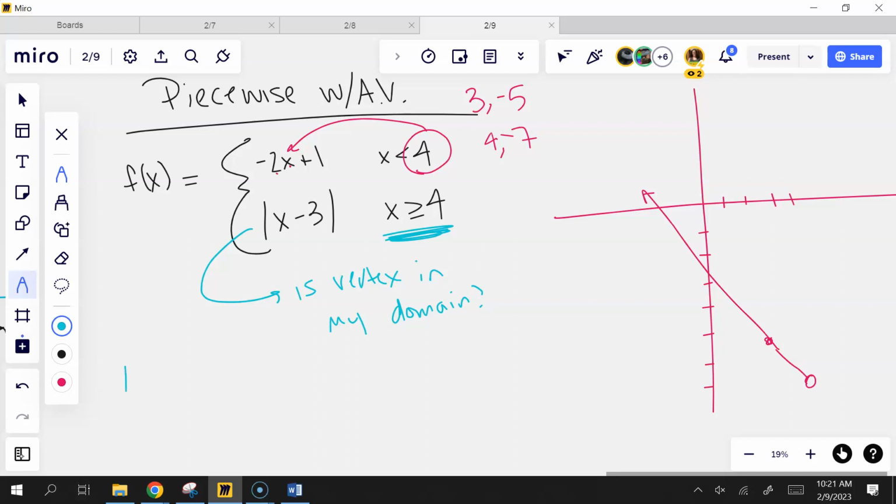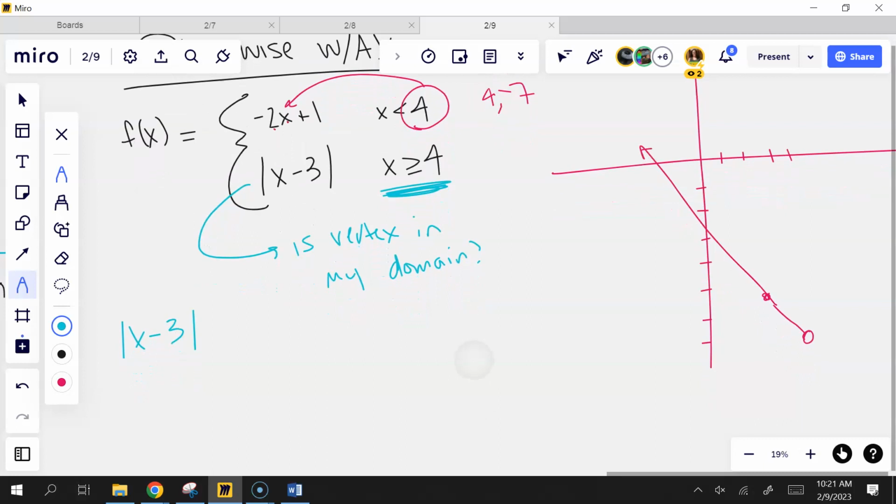Because here's what's got to happen, right? Tell me first, let's just pull this out to the side, x minus 3. Where's the vertex? Remember, I do x minus 3 equals 0, so x equals 3. Does everybody agree? 3, 0 is my vertex.